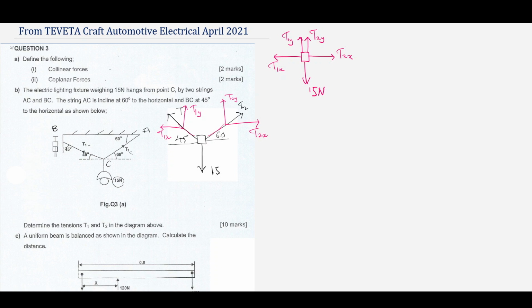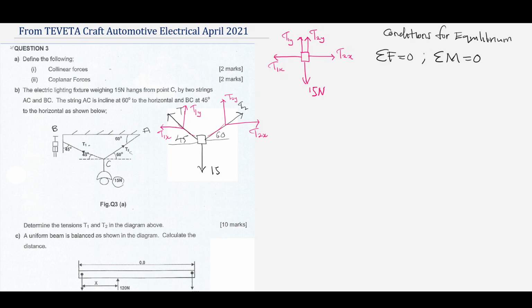So the conditions for electrostatic equilibrium: the first condition is that the summation of all forces should equal 0, and the other one is that the summation of all moments should equal 0.